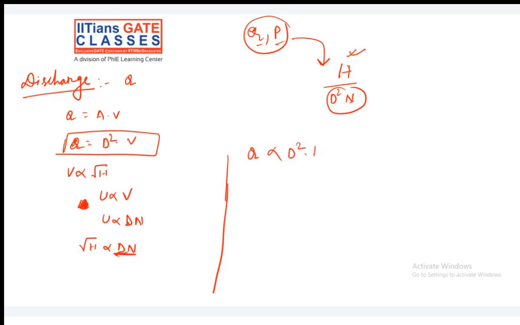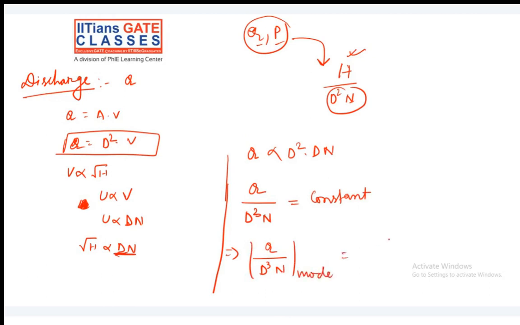So I will replace this with DN. So Q upon D cube N is equal to some constant. So Q upon D cube N of the model is equal to Q upon D cube N of the prototype.